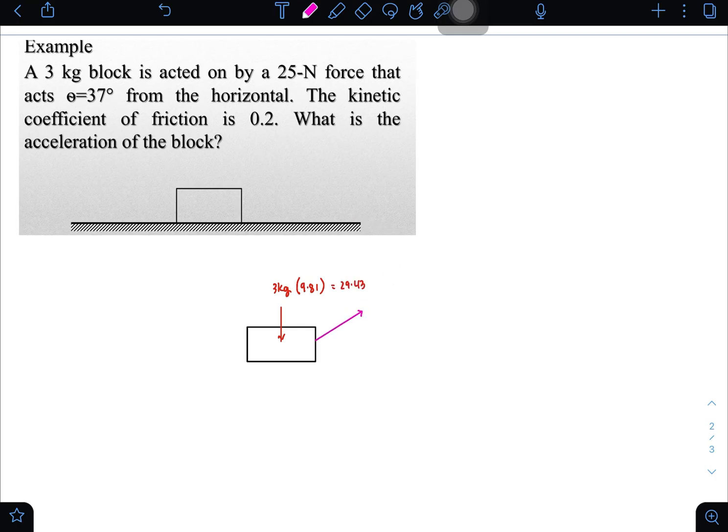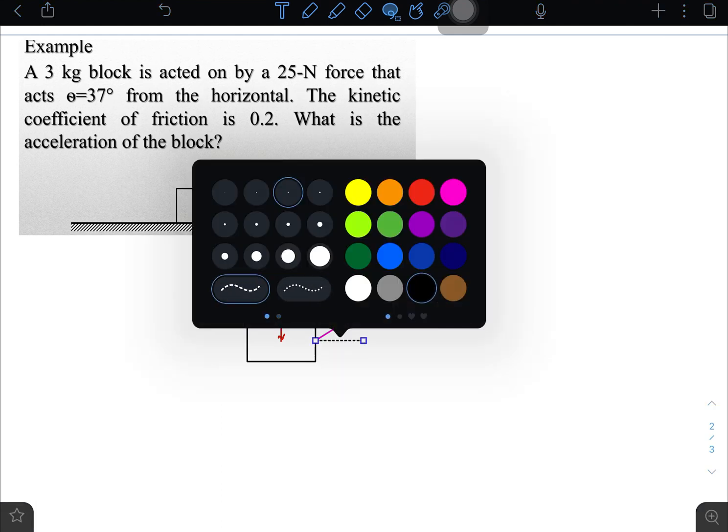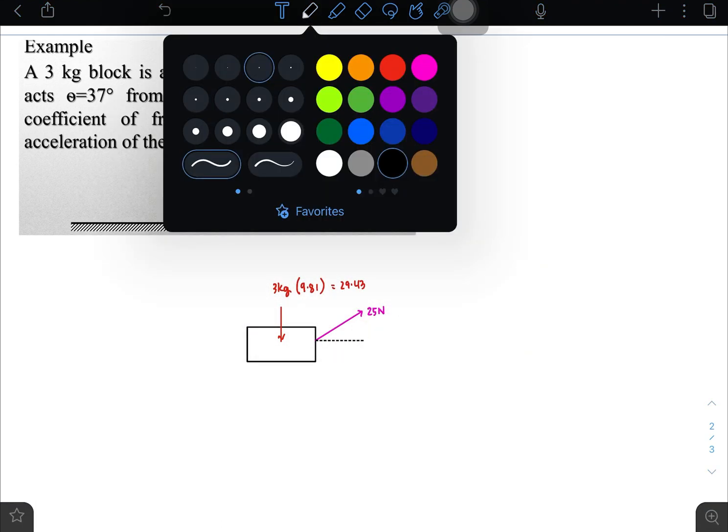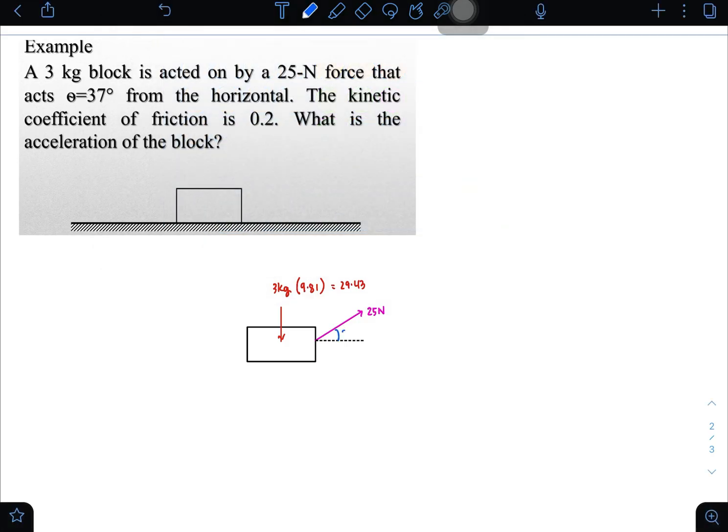So say we have this 25 Newton force with respect to the horizontal line, forming 37 degrees with the horizontal, and of course because of the action of the force, the motion will eventually be here.